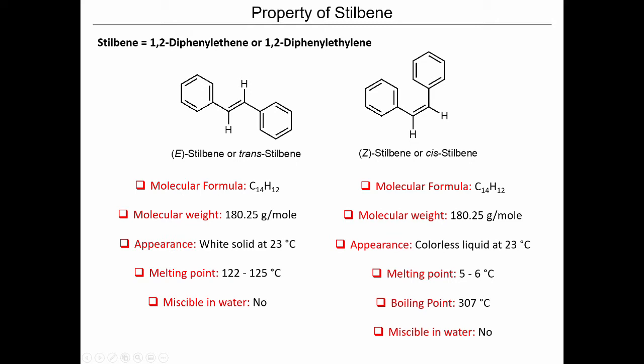So the cis Stilbene also has a boiling point of around 307 degrees Celsius. And finally, both Stilbenes are not miscible in water. So other names for Stilbene, you can also call it 1,2-diphenylethene or 1,2-diphenylethylene.